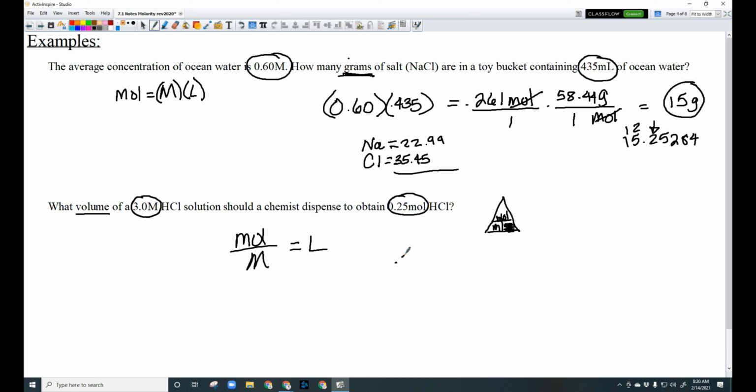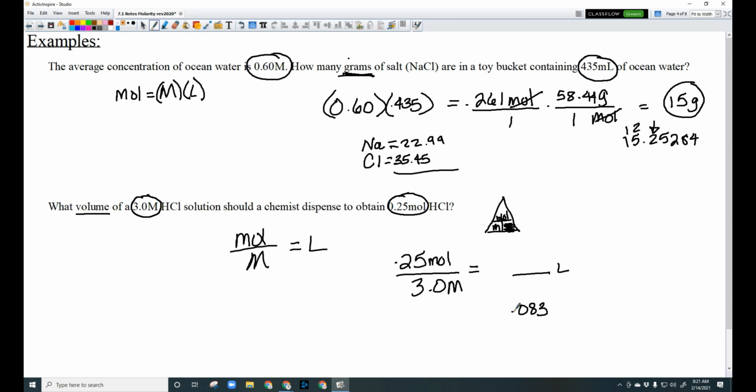So 0.25 moles divided by 3.0 molar. Okay, and that's going to give me liters. All right, so 0.25 divided by 3, 0.083 repeating, and we need 2 sig figs here, 2 sig figs here, so we need 2 sig figs.